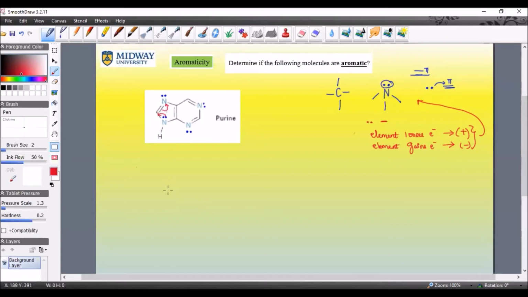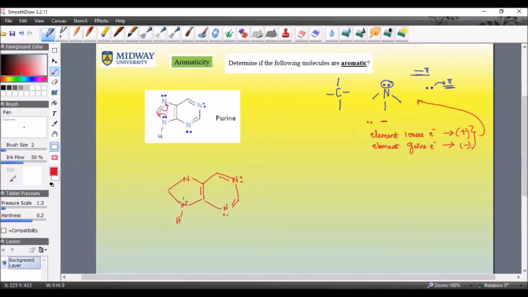So what we need to do now is, let's redraw everything the way it looks, okay? I'm just going to redraw the molecule and leave the lone pairs that are outside undisturbed because they cannot involve themselves in resonance. And I'm going to draw everything the way they look. We didn't disturb any of these, so they can remain where they are.